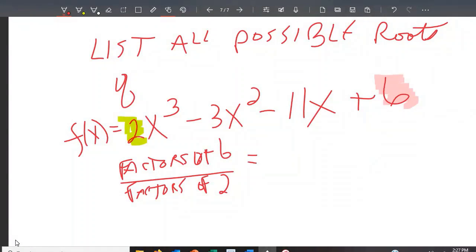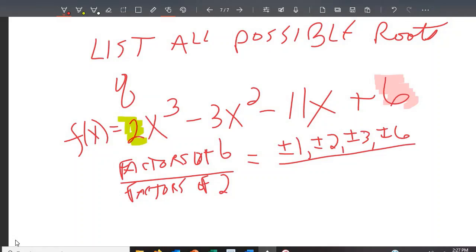Now, let's list all the factors of 6. Make sure you put plus or minus in front of each one: plus or minus 1, plus or minus 2, plus or minus 3, plus or minus 6. Then in the bottom you're going to have plus or minus 1, plus or minus 2.